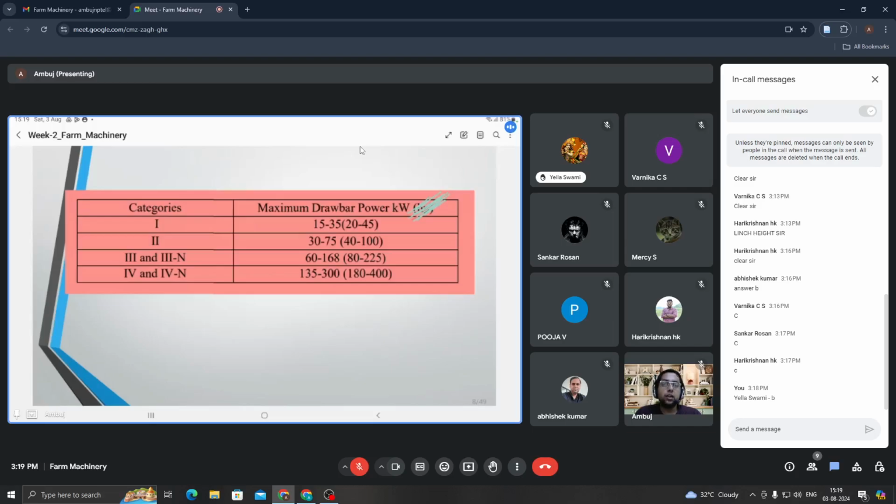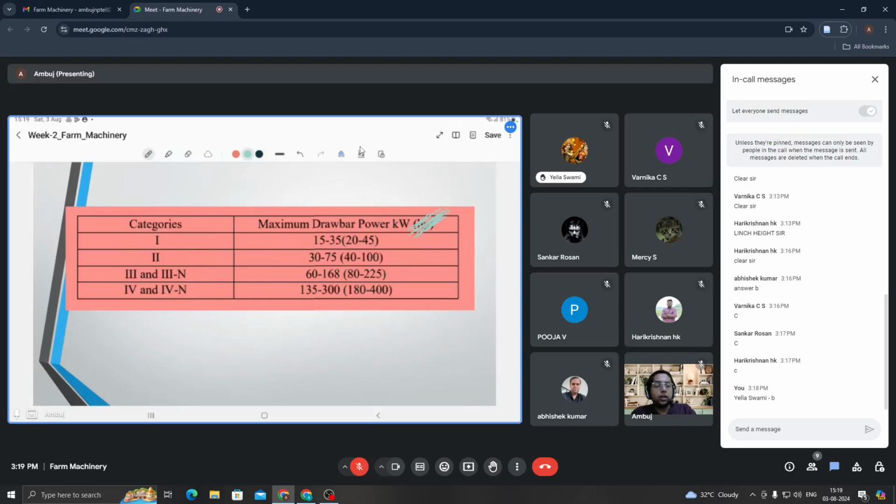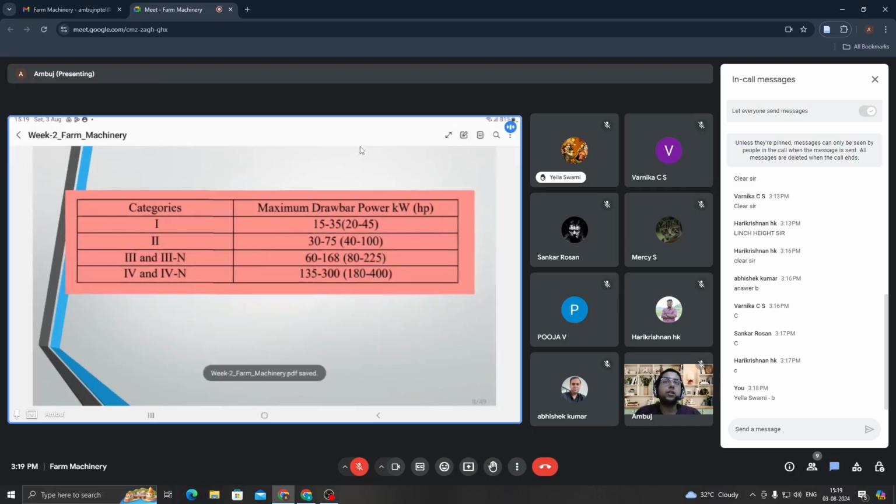Just try to remember this particular sequence. Category 1 means maximum drawbar power in kilowatt is between 15 to 35, and in HP it is 20 to 45. You can just calculate it also.